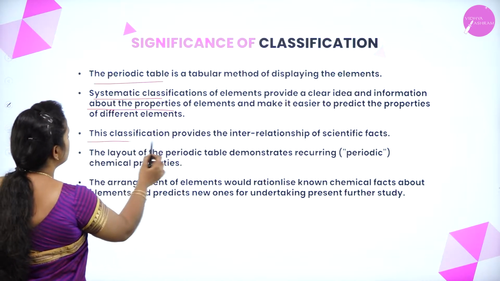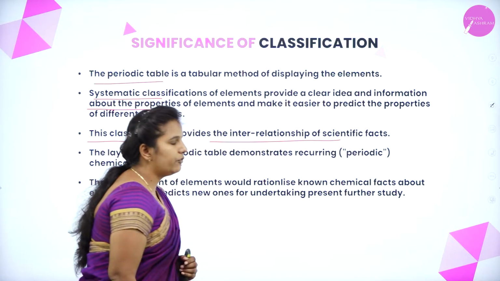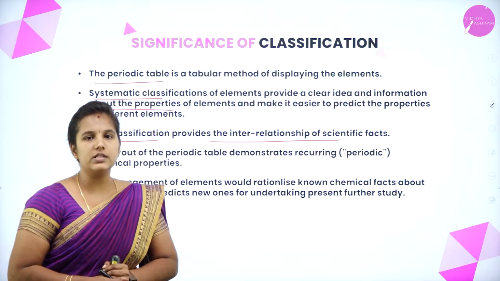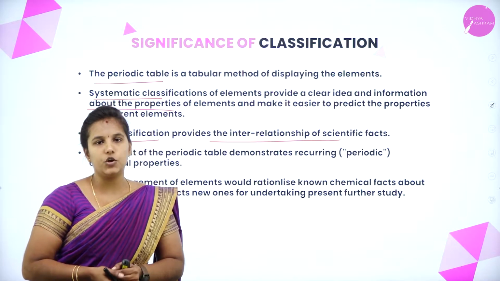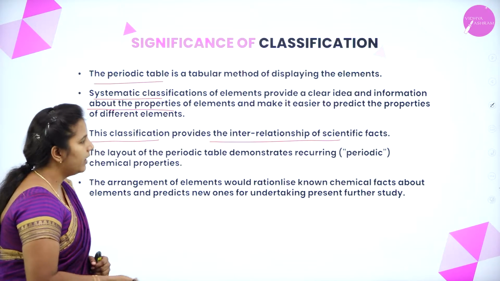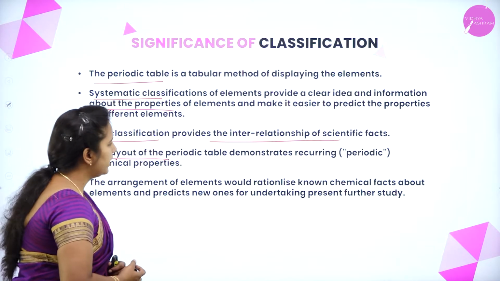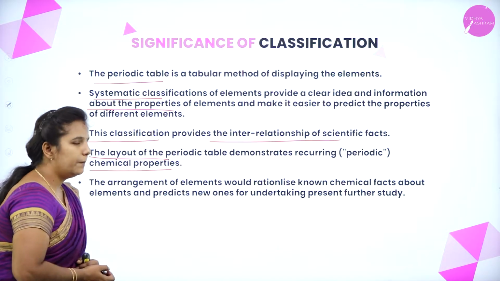And also this classification provides an interrelationship of the scientific facts. In addition to this, whatever scientific facts there are, it provides a brief interrelationship for them. And also the layout of the periodic table demonstrates the recurring chemical properties.